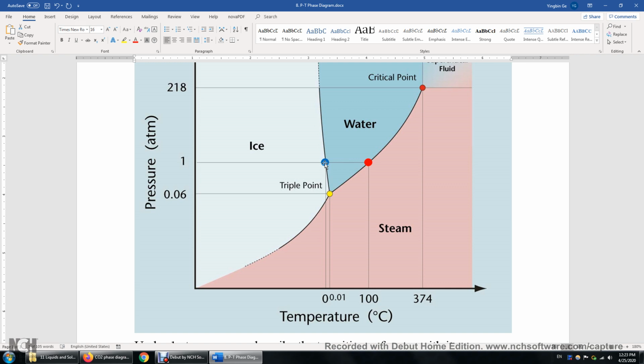We keep lowering the pressure. Now it's ice, it's ice, it's ice. And then at this point, still 0 degrees Celsius, but a pressure lower than 0.06 atm, this ice starts to sublime into vapor.